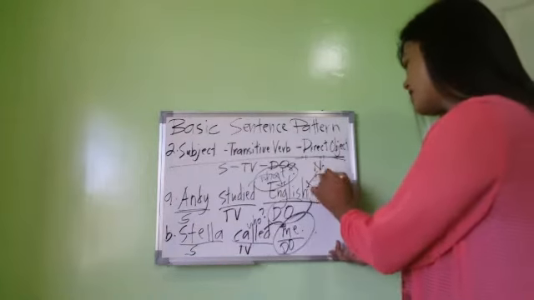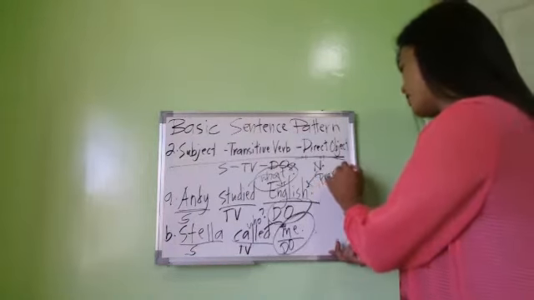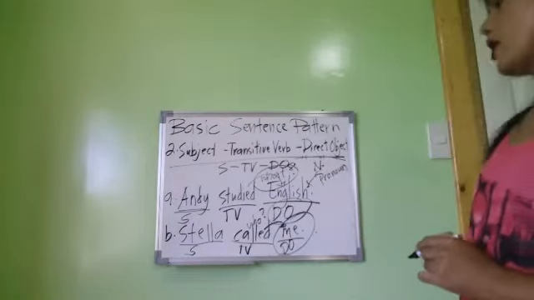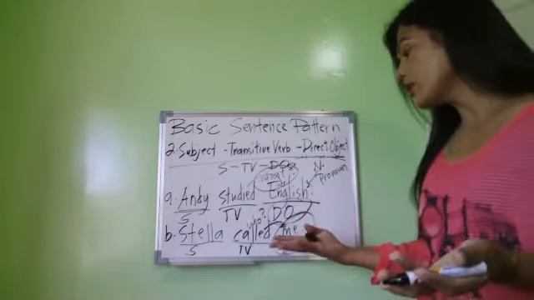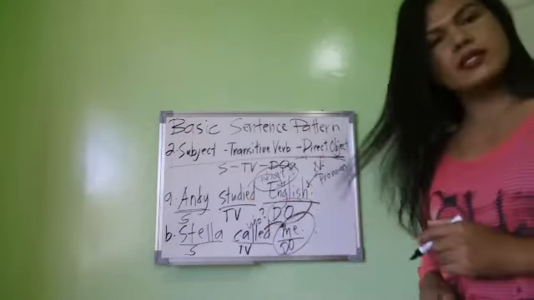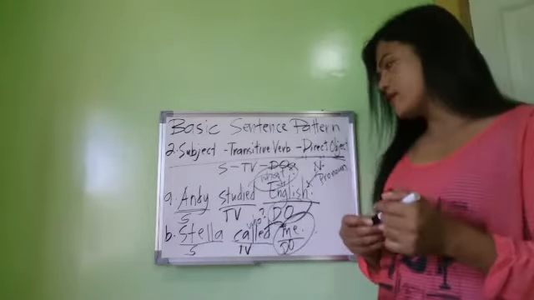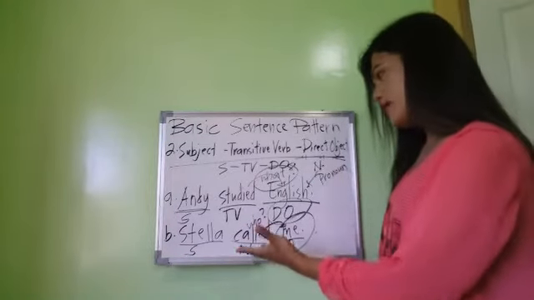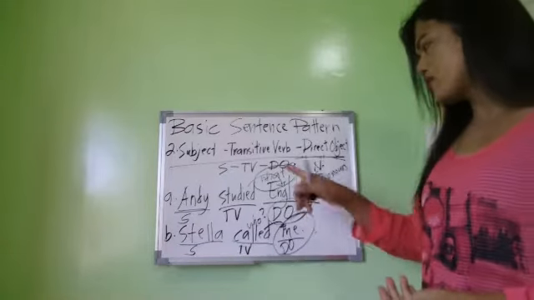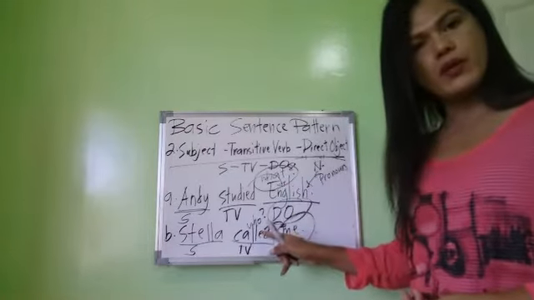Which means this is a pronoun, an object pronoun. So Stella called who? Me. Andy studied what? English. So this is how we can know if there is an object in the sentence. We ask the question what or who.